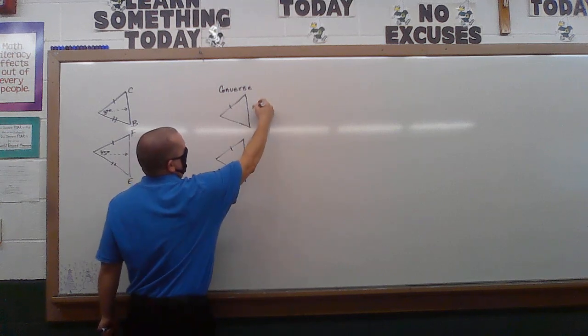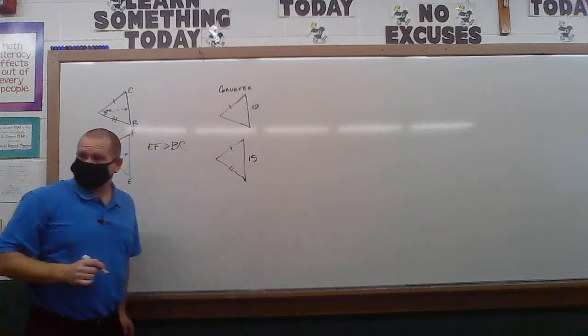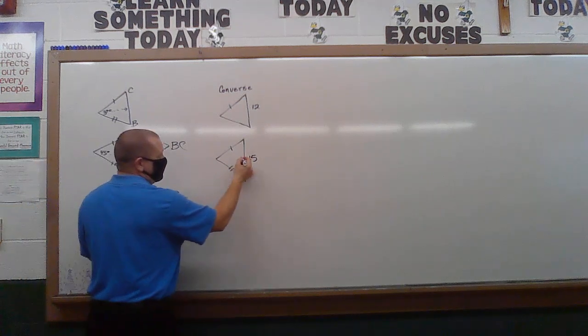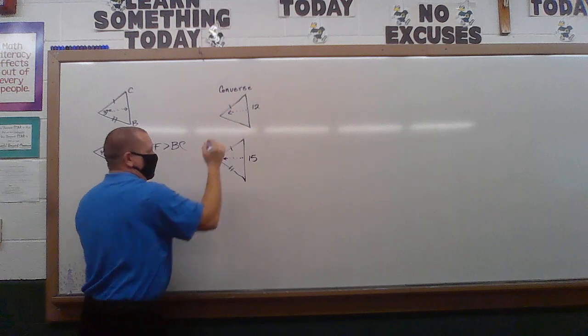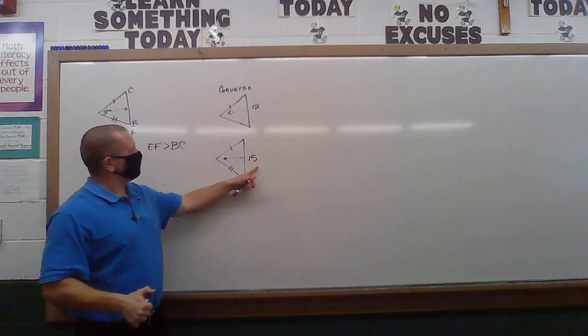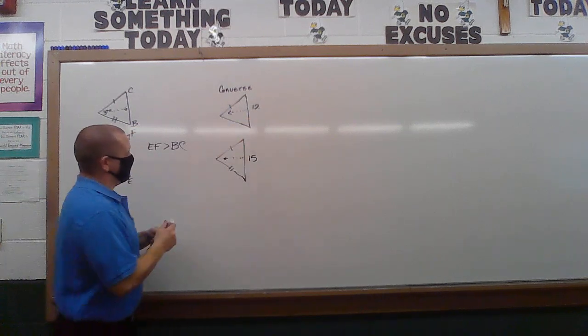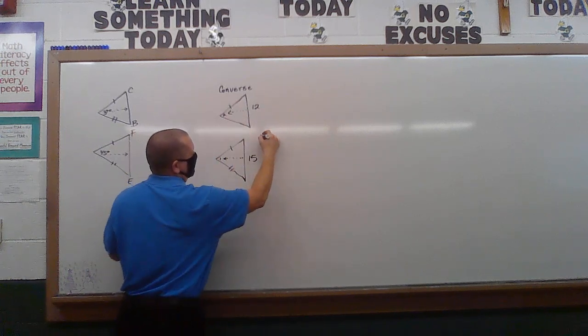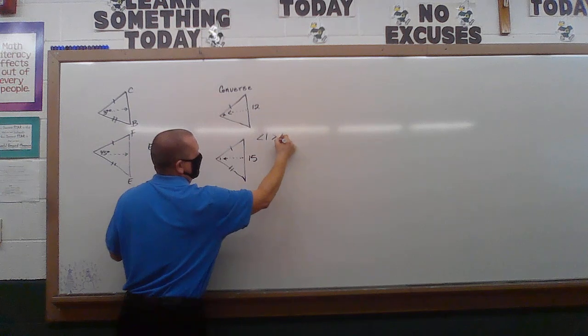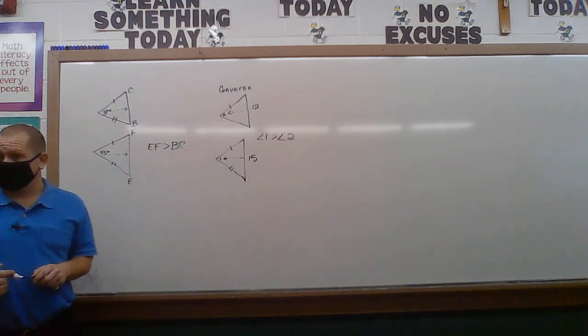So this one's 12 and this one's 15. Then the opposite is also true. So we can go back to those angles. And because 15 is longer than 12, it means that this angle 1 is greater than angle 2.